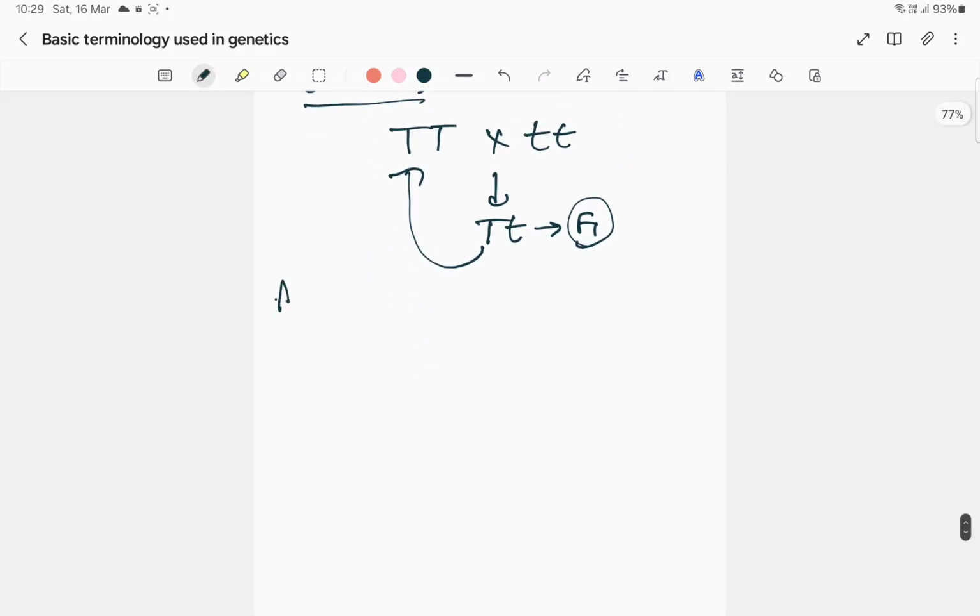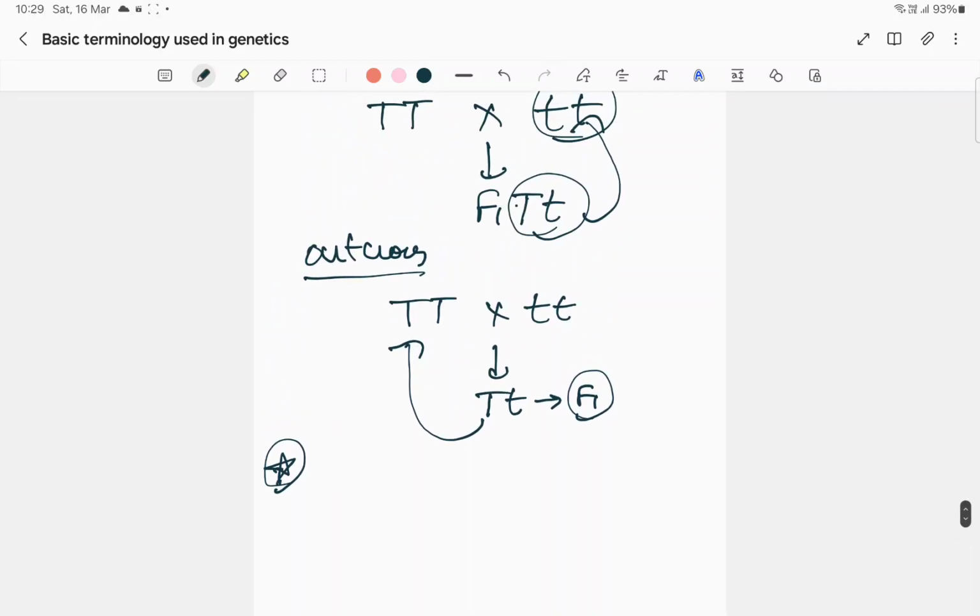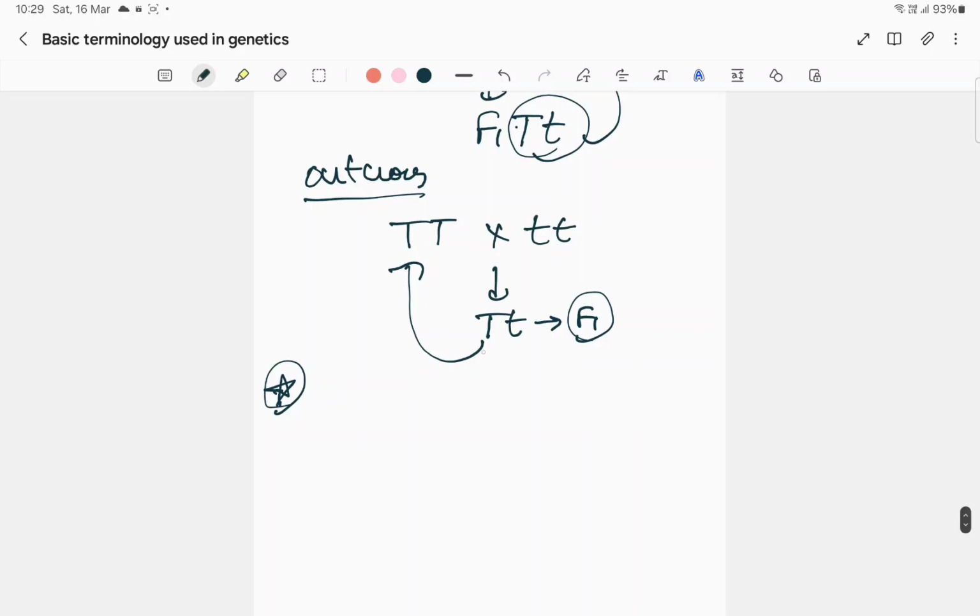Here are some important points to remember. All the progeny in the outcross generally show the dominant characters. For example, let's take capital T, capital T, small t.